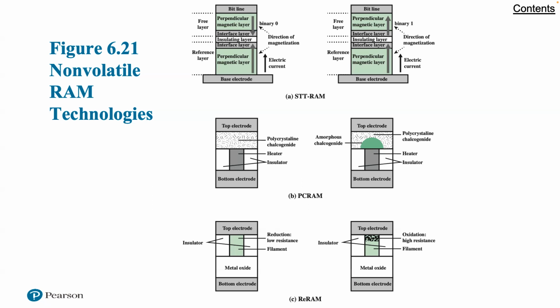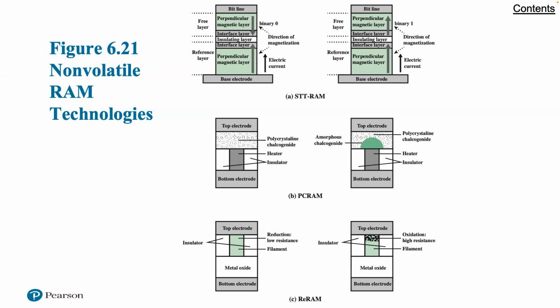For STT-RAM, the magnetization of the free layer is flipped by the electrical current directly. Because the current required to switch an MTJ resistance state is proportional to the MTJ cell area, STT-RAM is believed to have a better scaling property than the first generation MRAM.